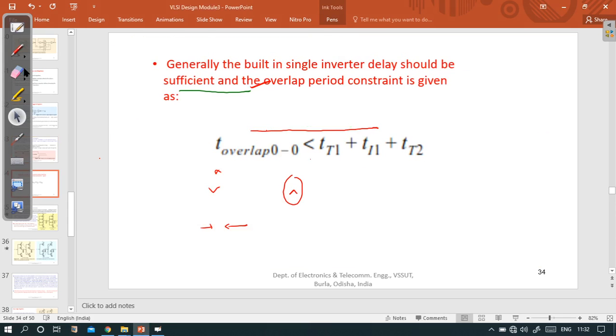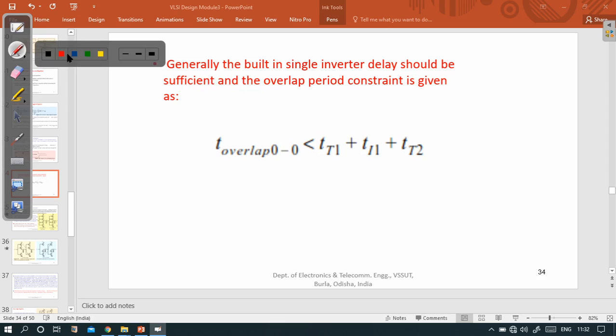This condition may be avoided if we satisfy certain things. Just take care of these things.